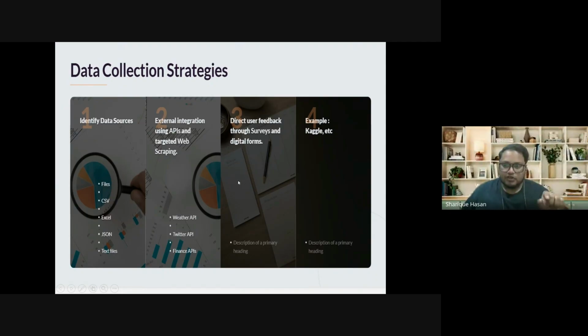When you log in with the Google account, it automatically fills your name, mobile number, email address, and everything. You don't have to manually fill that form or register your name. It automatically gets filled if you log in with the Google account.